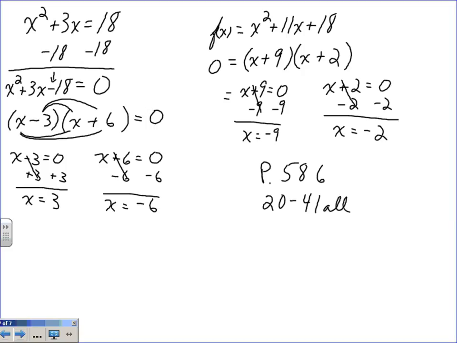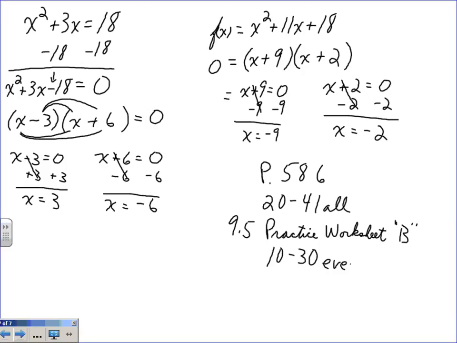And then in that worksheet that I gave you yesterday, the 9.5 practice worksheet B, let's do problems 10 through 30. And Carly, is that too many? It is? All right, then let's make that 10 through 30, and we'll just do the evens here. Okay? And enjoy your Tuesday.